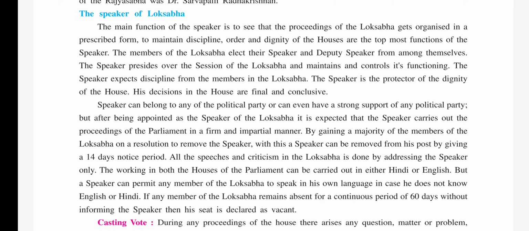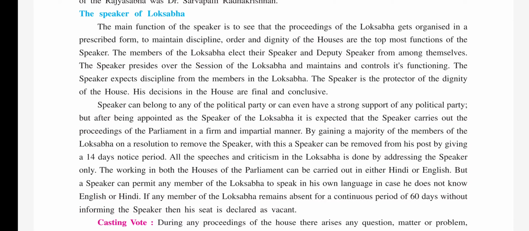There are two presiding officers in Lok Sabha, that is Speaker and Deputy Speaker. These are elected by the elected members of the Lok Sabha.